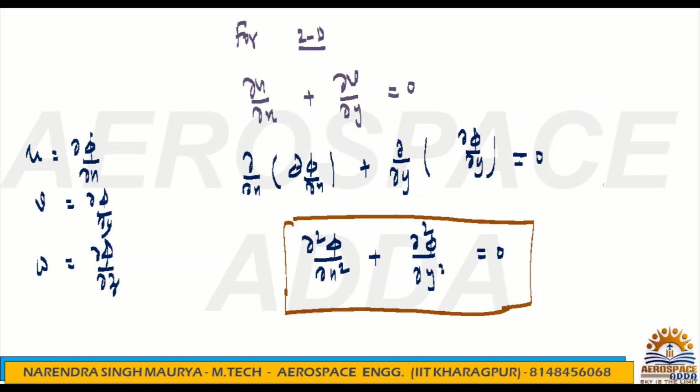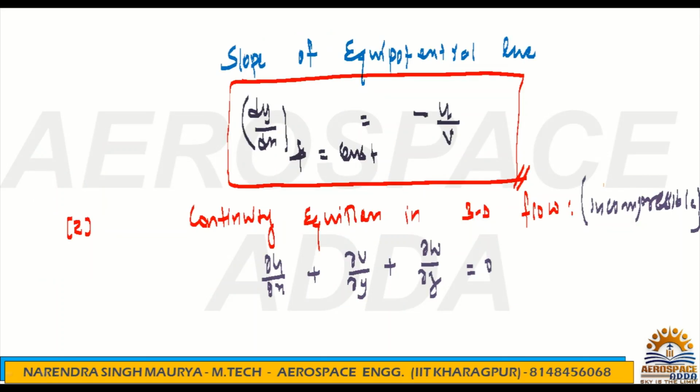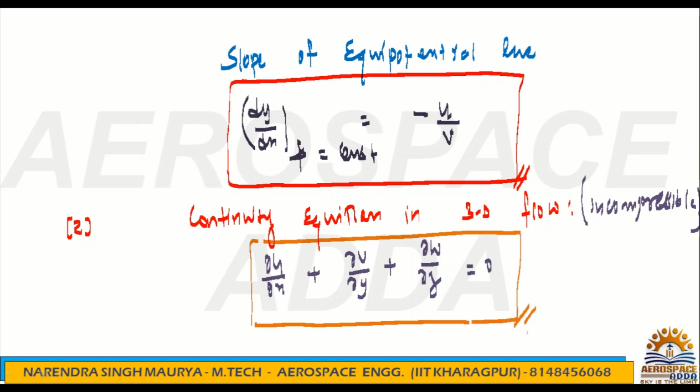Now if you check this equation, this is the continuity equation, but for what? This continuity equation is for the incompressible flow. Okay, incompressible flow. So any irrotational incompressible flow has a velocity potential function and a stream function.